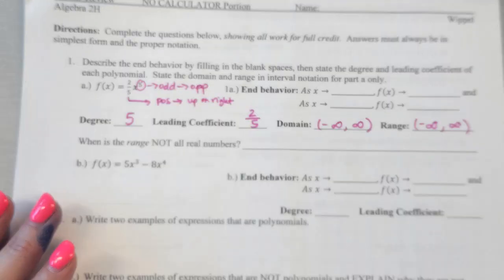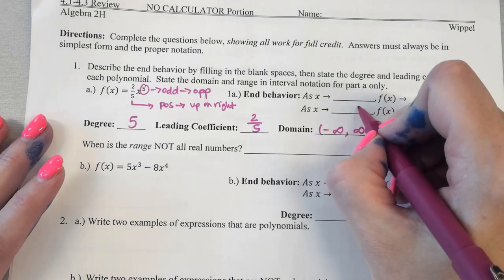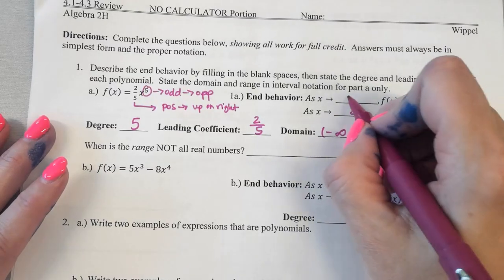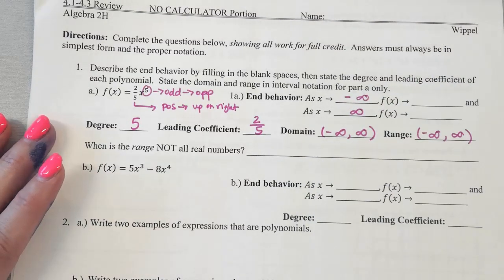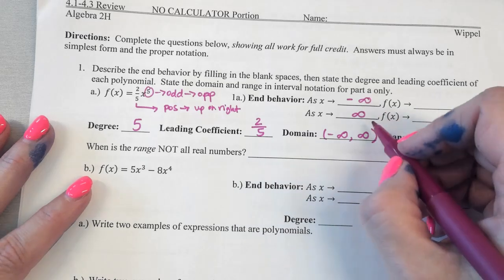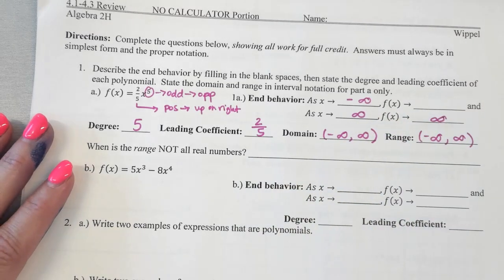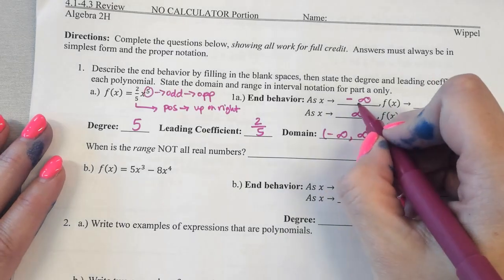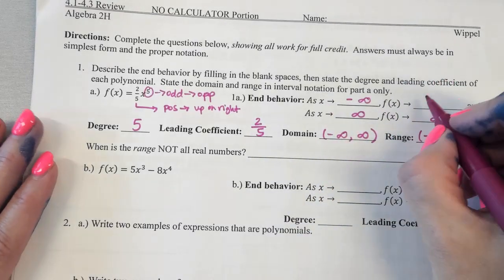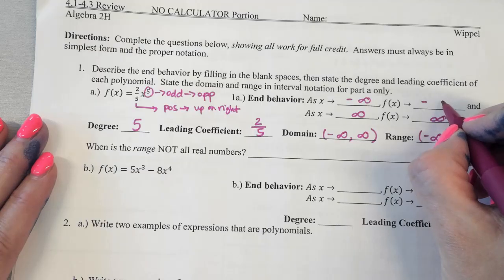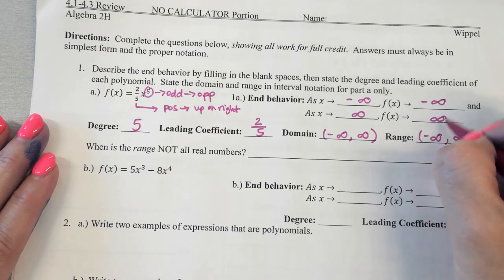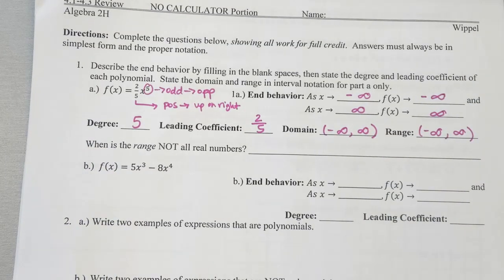The right side is the second side we do here, the left side is the first side we do. So if it's positive on the right side, as x goes to infinity, f of x goes to positive infinity. And then on this side, as x goes to negative infinity, f of x is going to go to negative infinity, because those two have to be opposite.